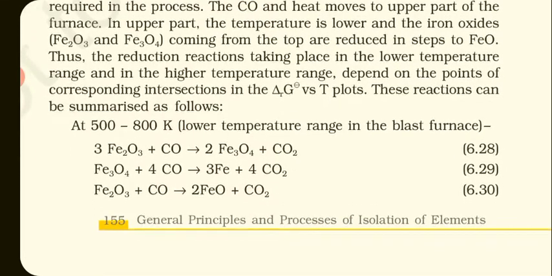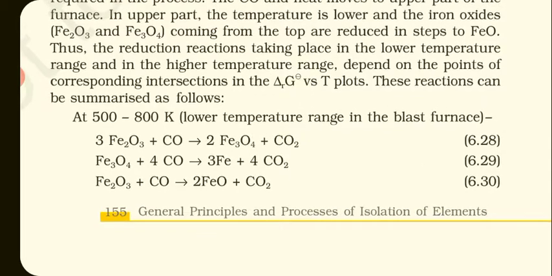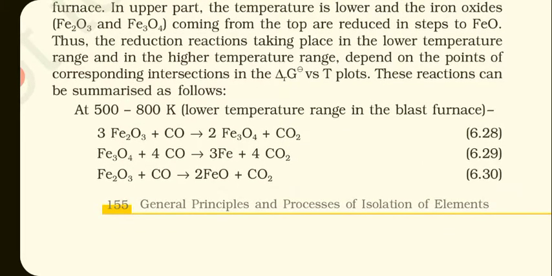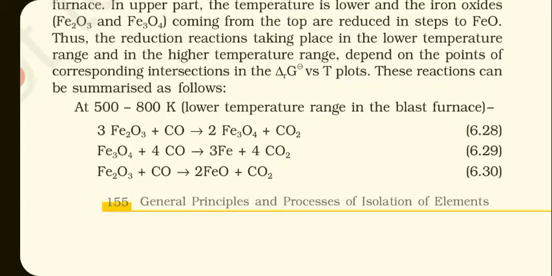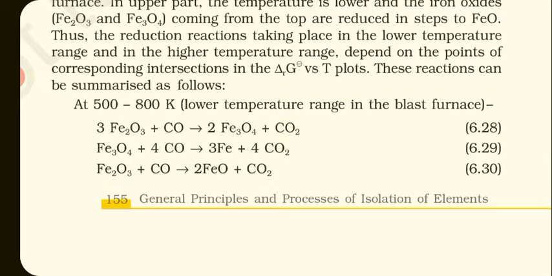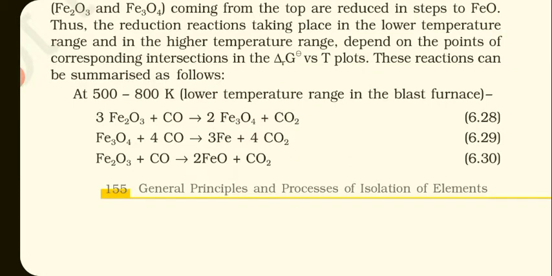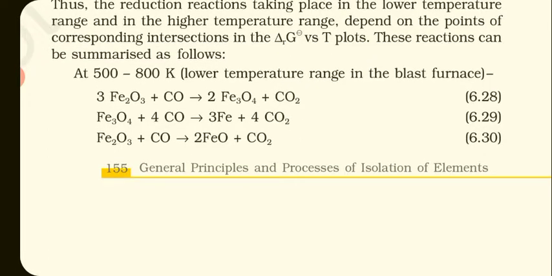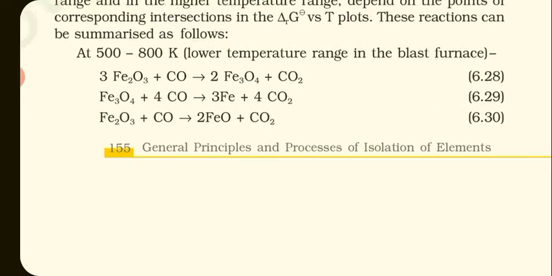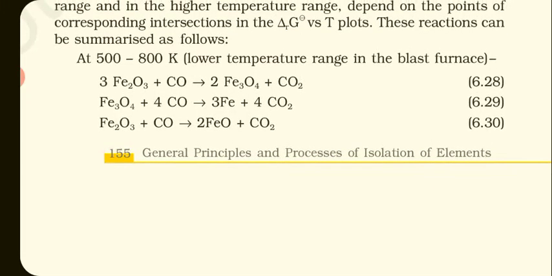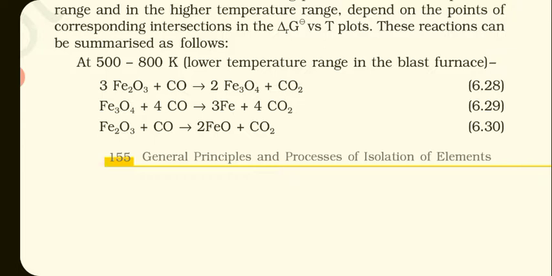In the upper part, the temperature is lower and the iron oxides Fe2O3 and Fe3O4 coming from the top are reduced in steps to give FeO. Thus, the reduction reactions take place in the lower temperature ranges and the higher temperature ranges depending on the points of the corresponding intersection in the delta G versus T plot as shown in the Ellingham diagram.